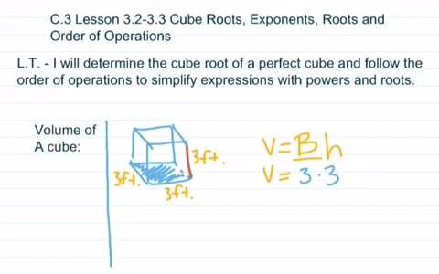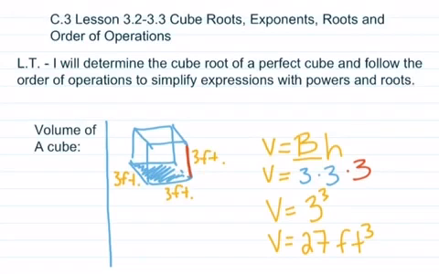Then our height, because we want to see how many cubes are going to be needed to stack after you stack the bottom, will be times 3. So in this case, our volume is 3 times 3 times 3, which can be written in exponential form as 3 cubed, which is evaluated 27 feet cubed.